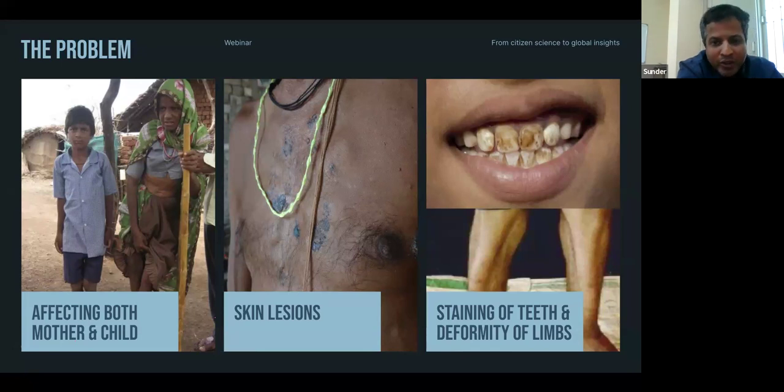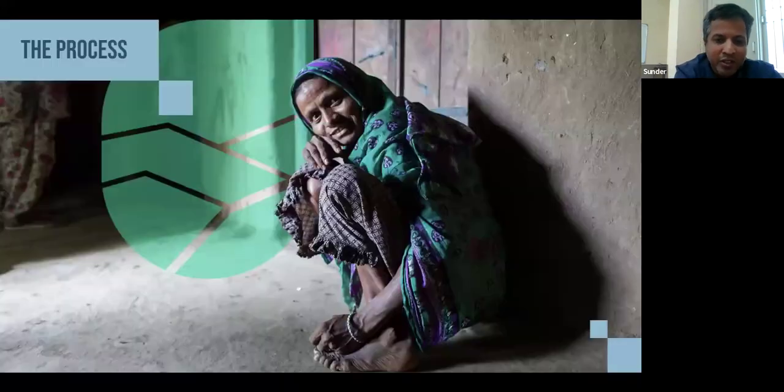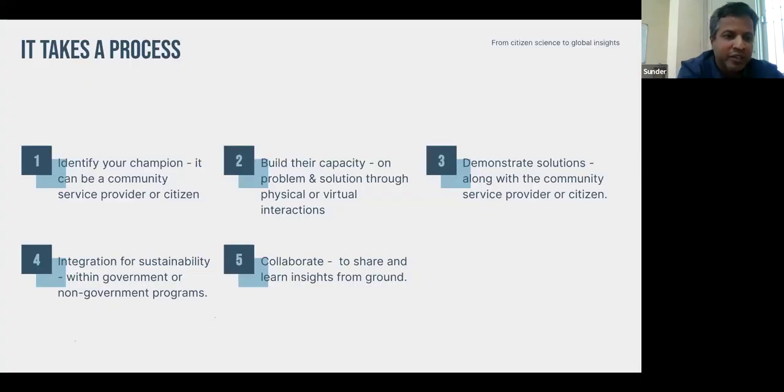But we need to go beyond it in terms of having monitoring processes within the community that actually help in being able to detect these problems and have processes that help over the long term. And that's what I'll be talking about in terms of the process and also the experiences from different locations that I work.